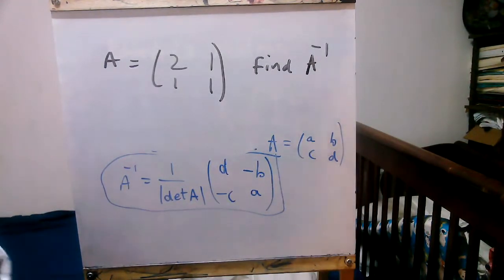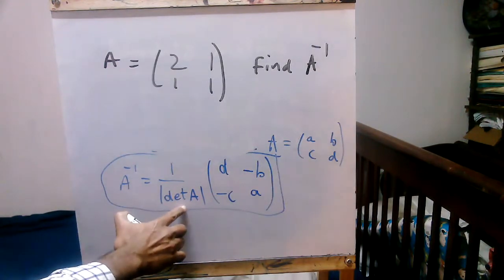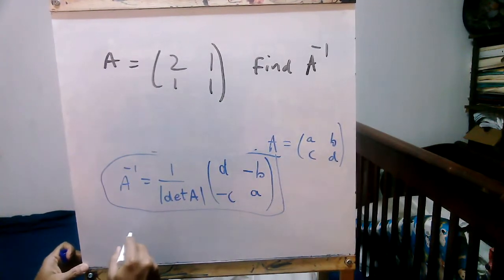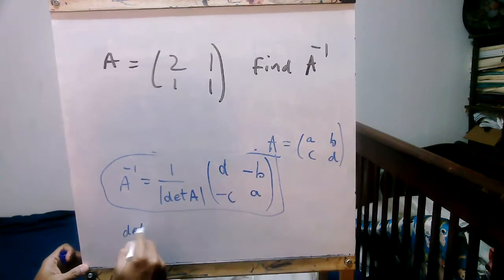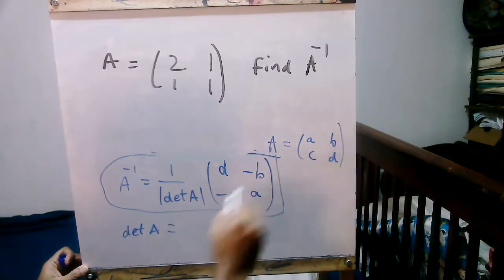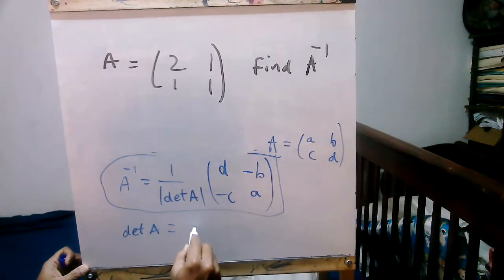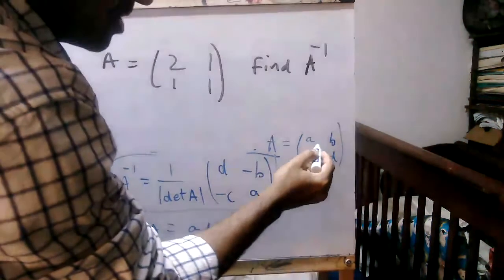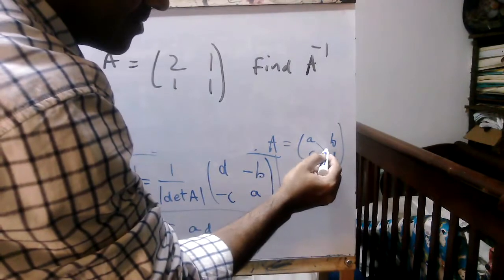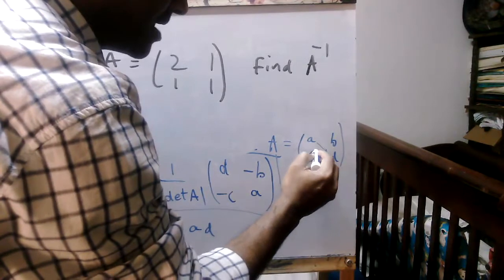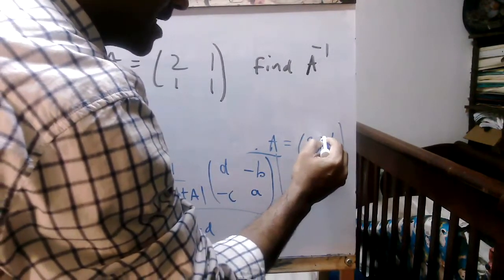Okay. Before I do that, I said I'm gonna tell you how to find this determinant of A. When you find det A, determinant of A is equal to, you multiply these two, AD. You may remember in this way, when you multiply downwards it is positive and upwards it is negative. This way it is negative.